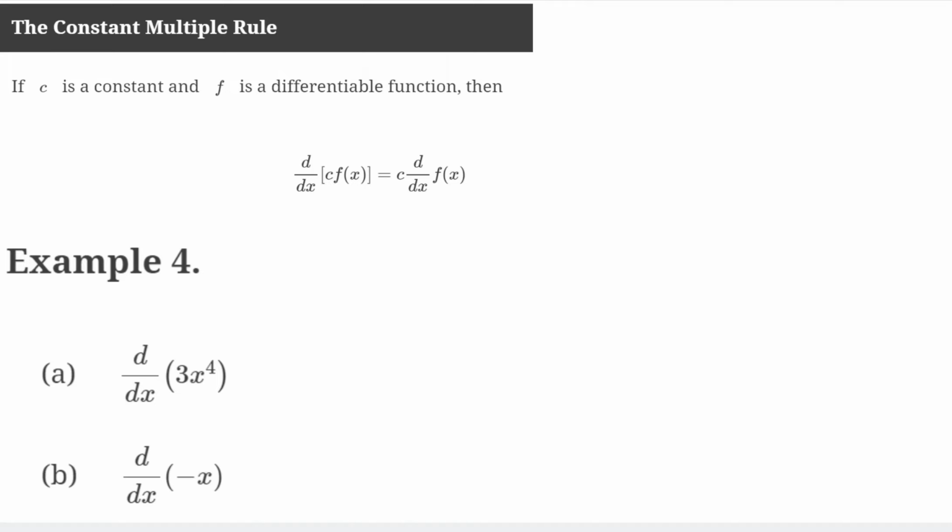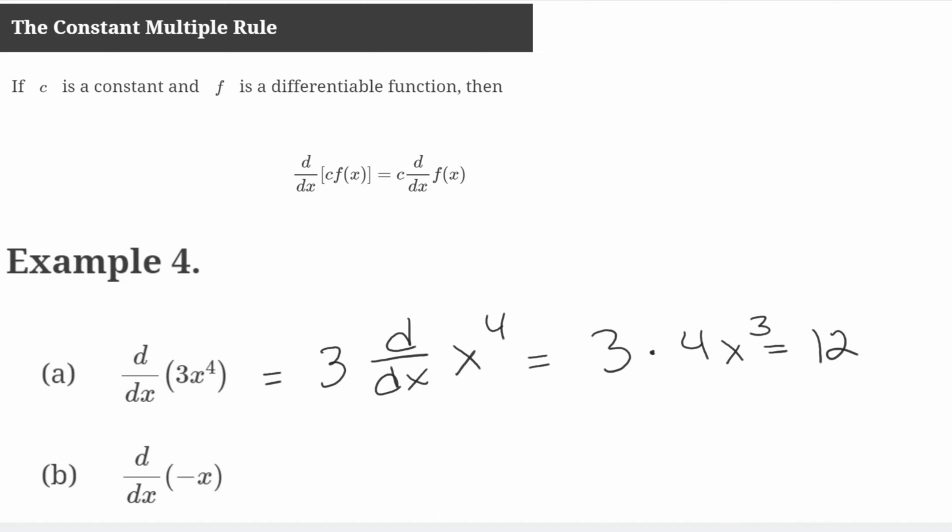So this is the same thing as 3 times d dx of x to the 4th, which would be 3 times 4x to the 3rd, or 12x to the 3rd. You can basically just pull the coefficient out and then just deal with the variable.